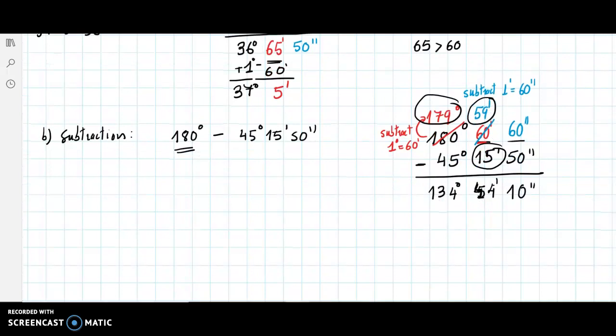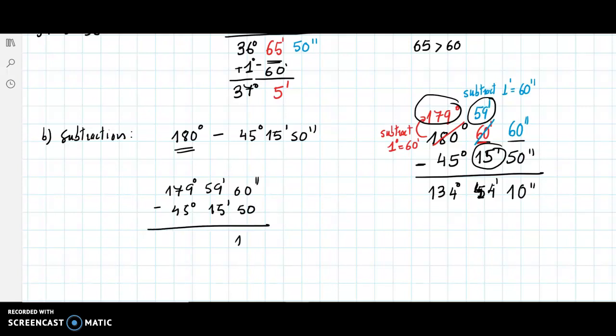If you prefer, instead of having all these numbers, you can write the operation in a clearer way: 179, 59 minutes and 60 seconds minus 45, 15 and 50. This is clearer and you can understand the operation better. So the solution is this number.